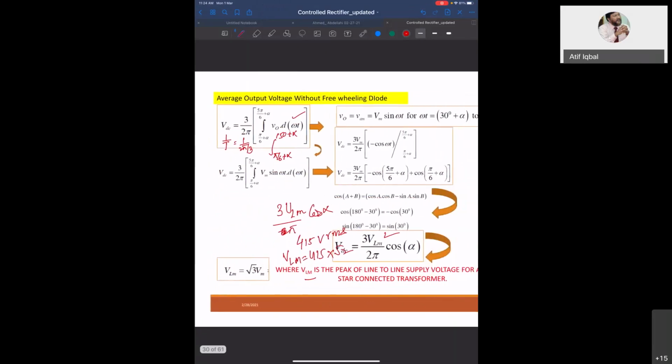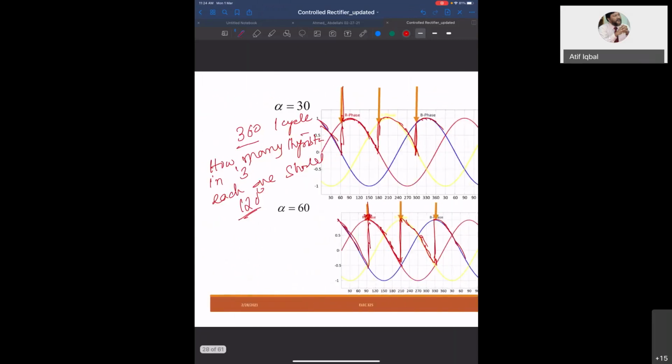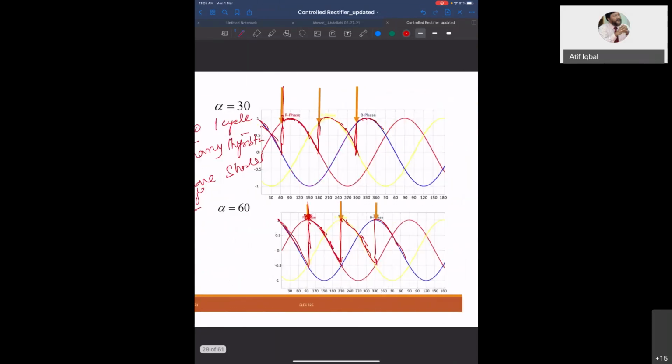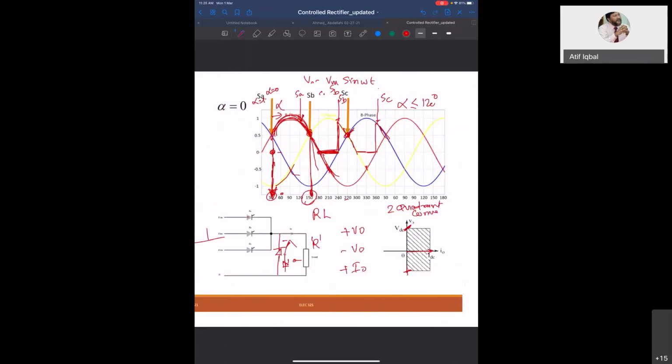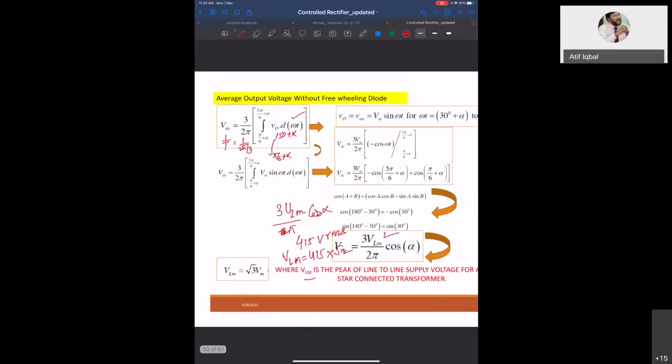So it should not be line voltage, because here what comes is the phase voltage. Yes, you are right, because here in the output voltage, this is phase voltage. This is not line. I think there is an error here, and I have to check for the half-wave rectifier. This should not be line, because we do not get line voltage.